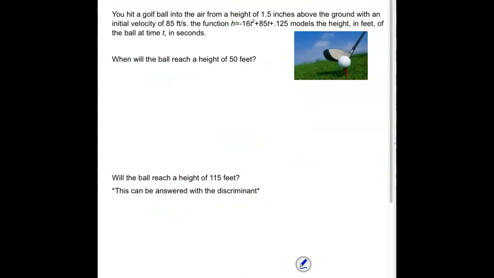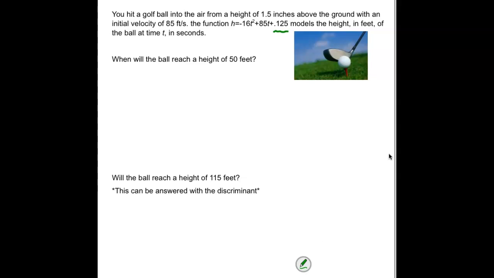Our last question. It says we hit a golf ball into the air from a height of 1.5 inches above the ground with an initial velocity of 85 feet per second. The function h equals negative 16t squared plus 85t plus 0.125 models the height in feet of the ball at time t in seconds. Now, I want you to notice, we've talked before about this constant being our starting height.